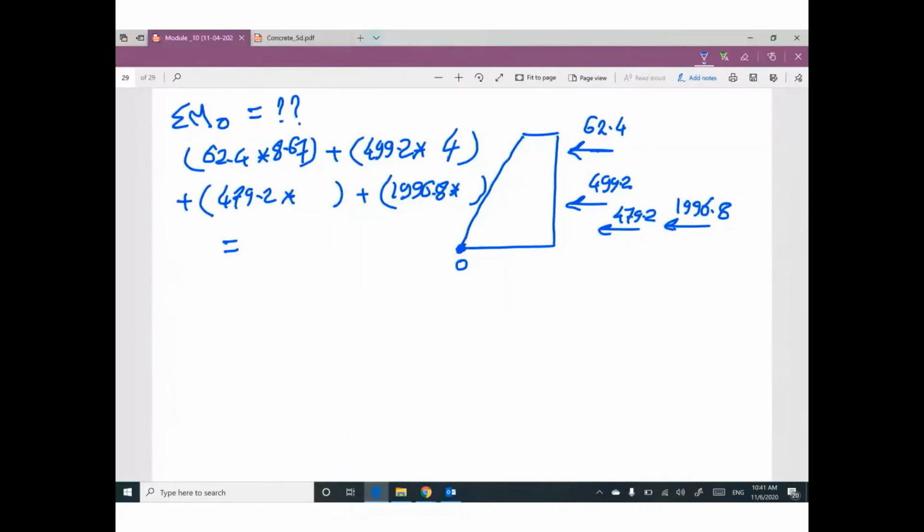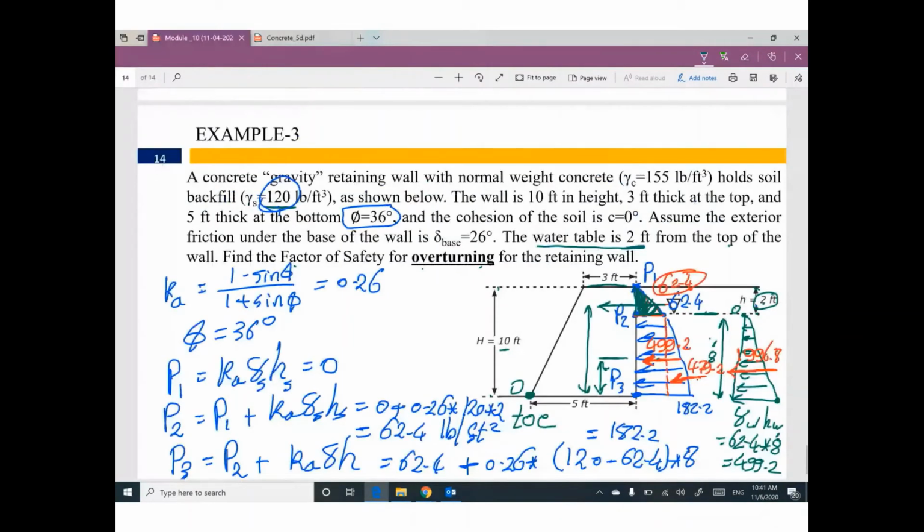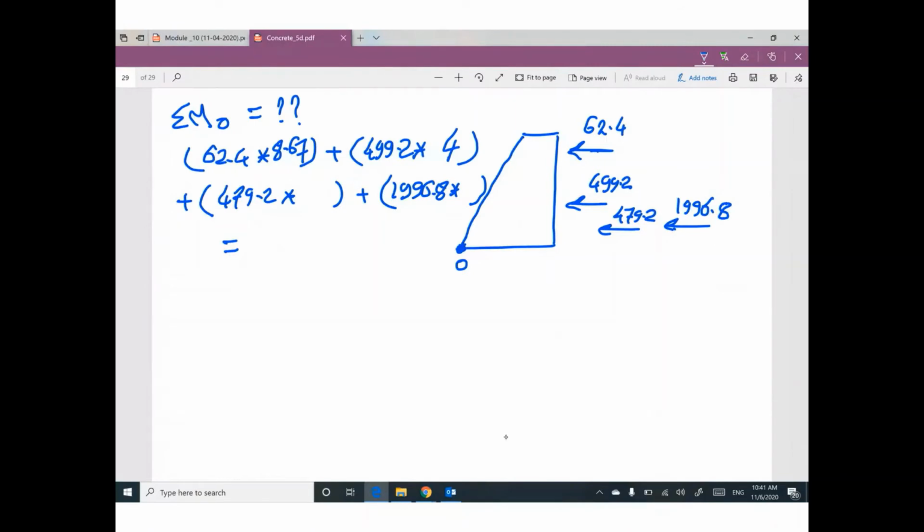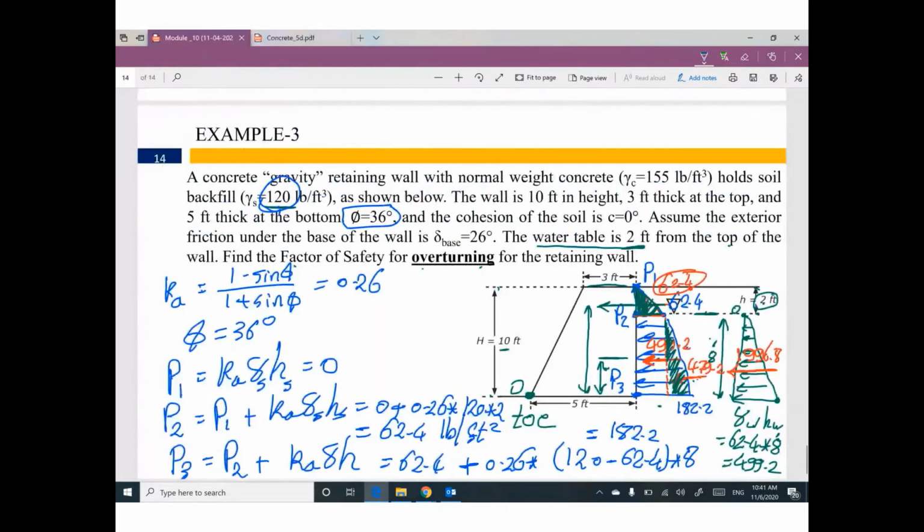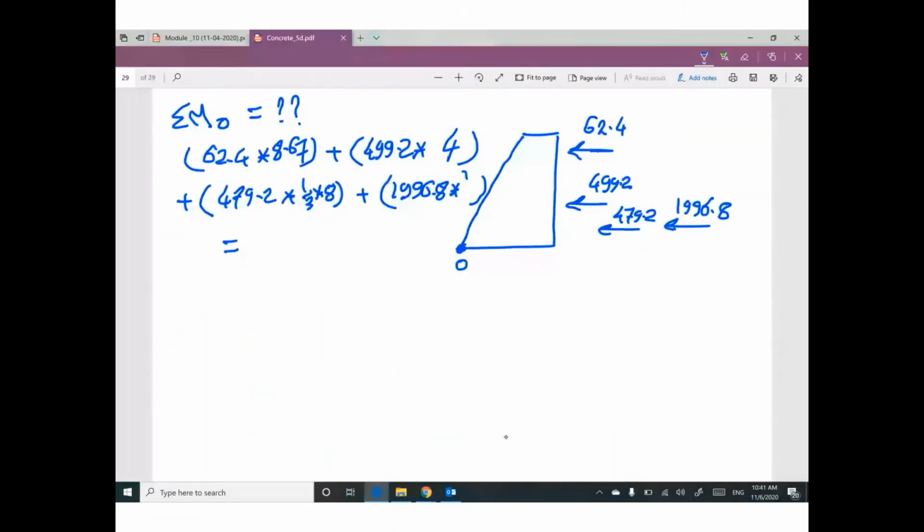This triangle, the distance between this force and the bottom will be 1/3 of 8. This force is at the centroid of this triangle, so it will be 1/3 of 8. That makes sense?